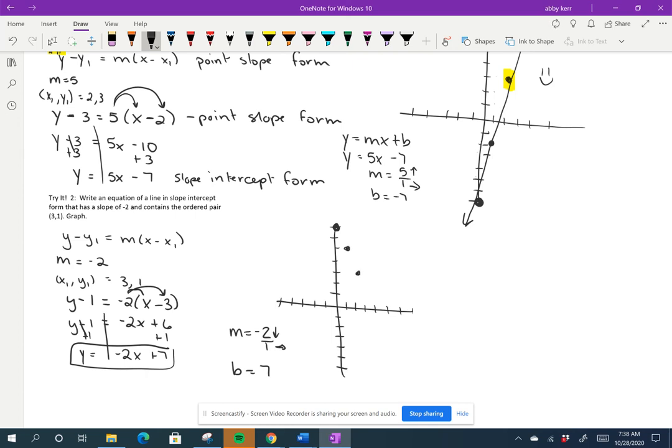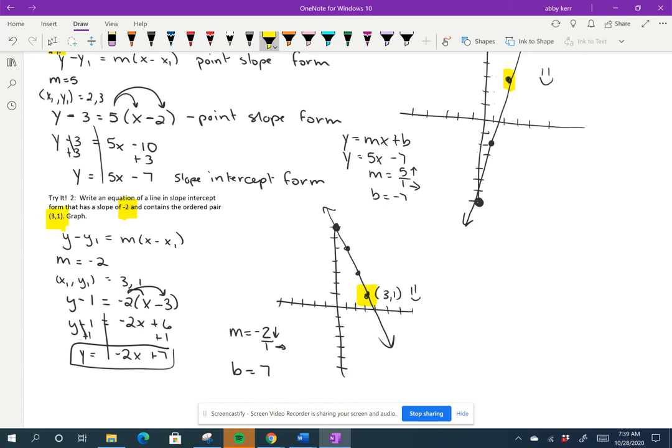Down 2, right 1. And we're going to continue that pattern as many times as you need to. Make sure your line is straight. And then we have a slope of negative 2, which is correct. But then I can see 3, 1 is actually an ordered pair on my graph. So I know that I did this correctly as well.